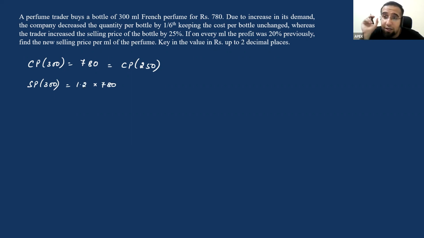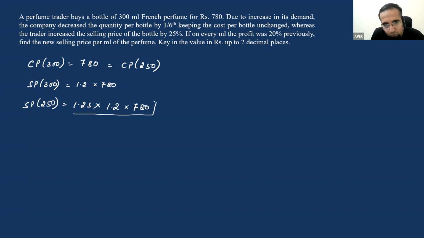He increased the selling price of the bottle by 25%, which means SP of 250 ml now is equal to 1.25, or we can have 5 by 4 into 6 by 5, into 1.2 into 780. This is the selling price of the bottle now. Clear, guys? So very simple, direct, straightforward question.